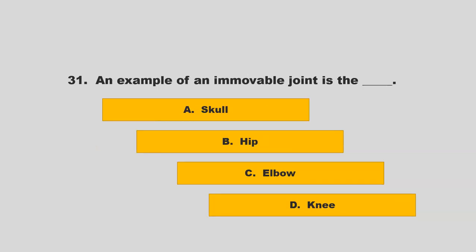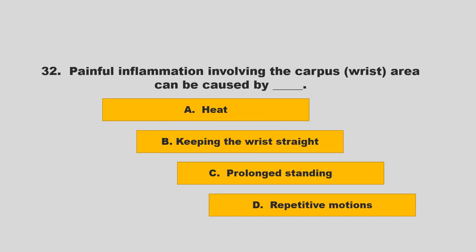An example of an immovable joint is the skull, hip, elbow, knee. If you chose A, skull, you are correct.